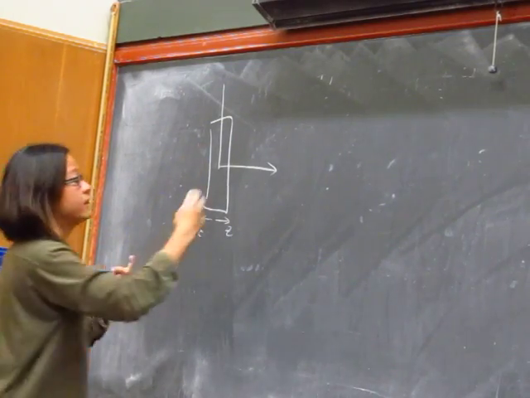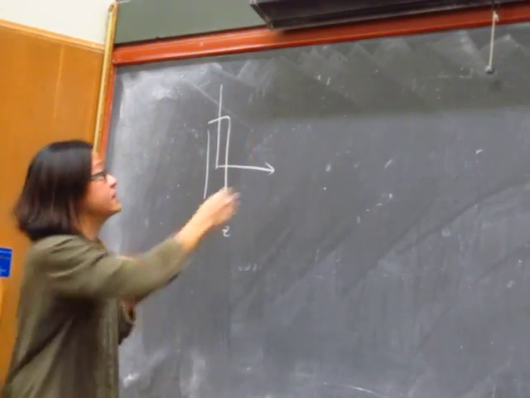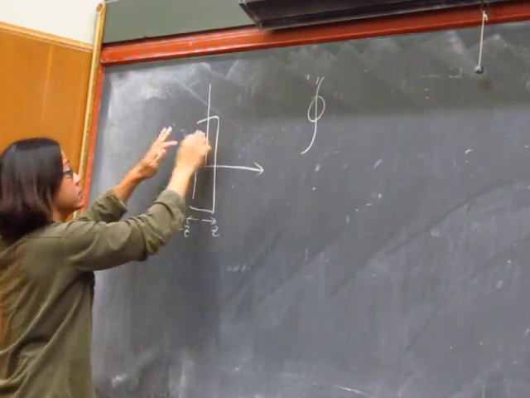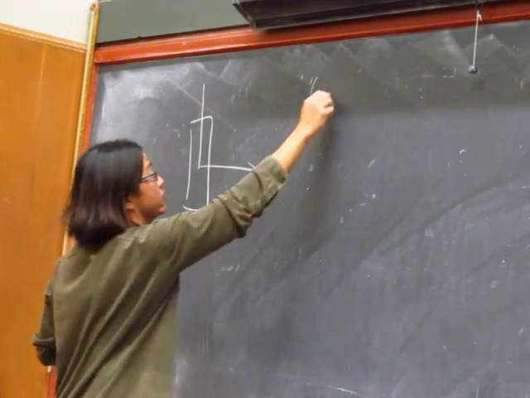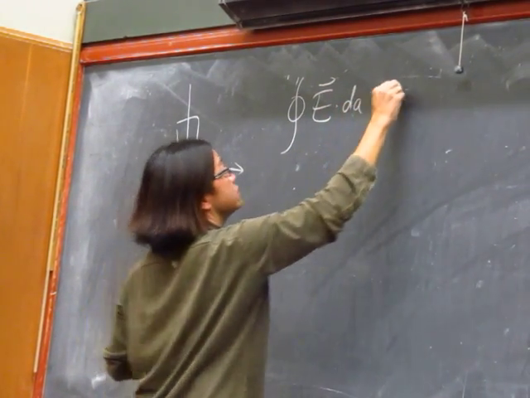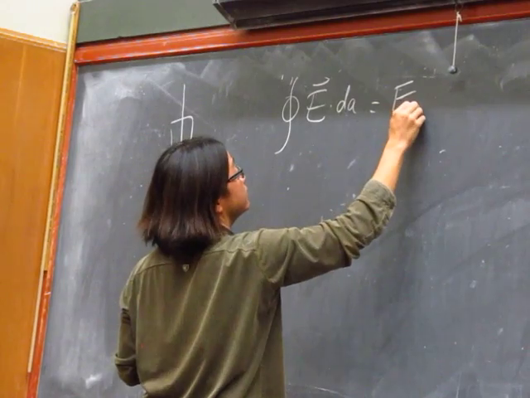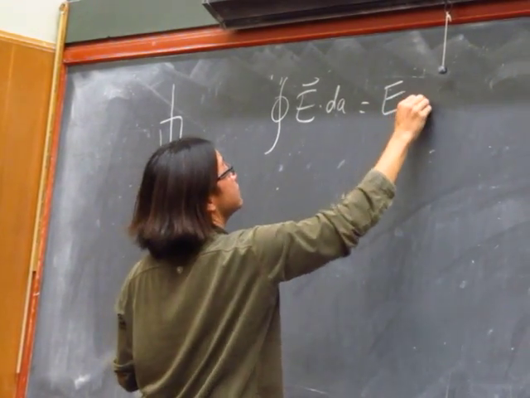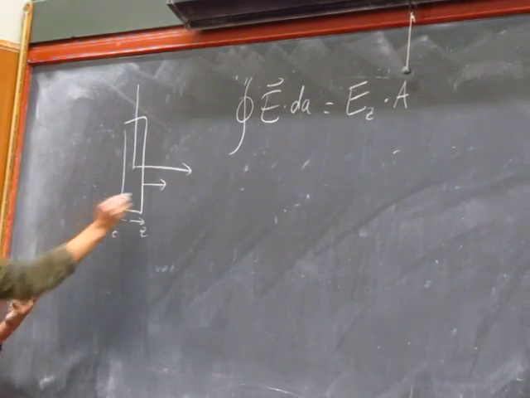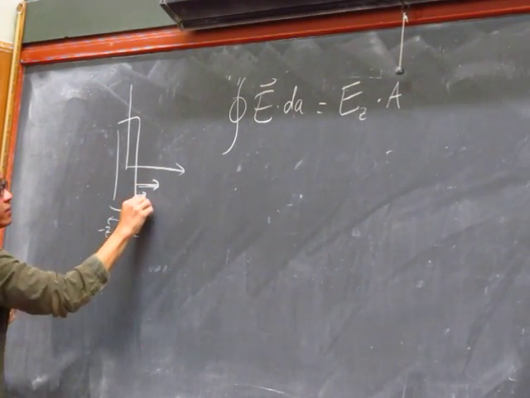Okay. Then Gauss's law says that the integral, because the electric field is only in the z direction, the flux is just E in the z direction times A. The electric field is pointing in that direction, the normal is in that direction.